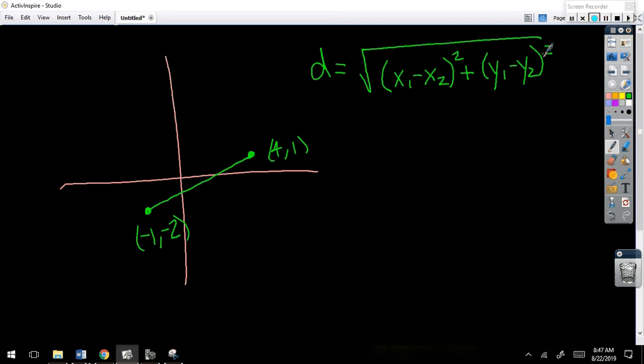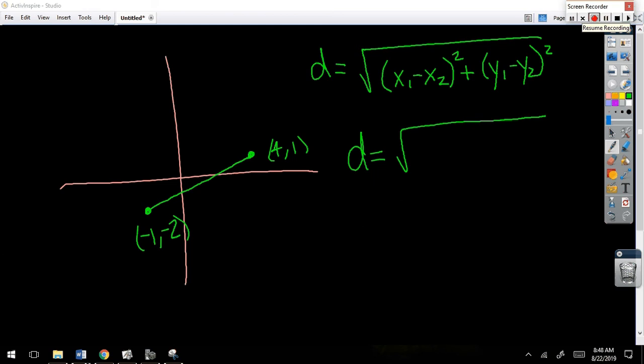Okay, so it really doesn't matter this order so much because we're squaring it, we're making it positive, right? All right, so look at the example here. How would I find the distance? What do I do? I'm going to do my square root, my radical. I heard some of you said -1 and some of you said 4.